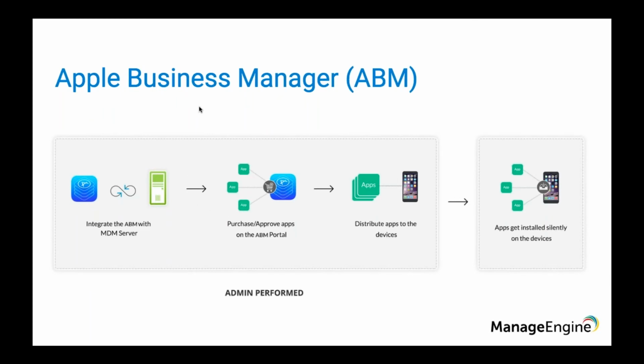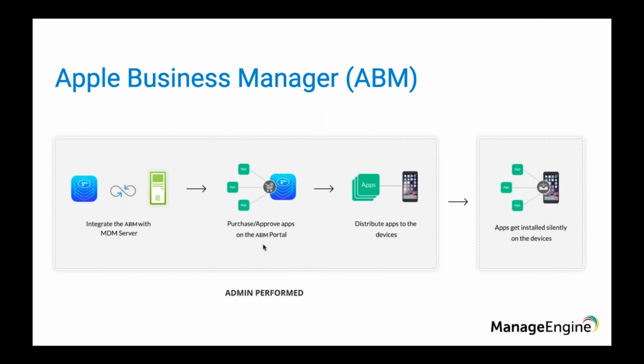Now let us try to understand how Apple Business Manager actually works. Firstly, you need to integrate ABM with the MDM server by providing your ABM account details to the MDM server. Then you go back to the ABM portal and purchase the apps that you wish to distribute to the devices.